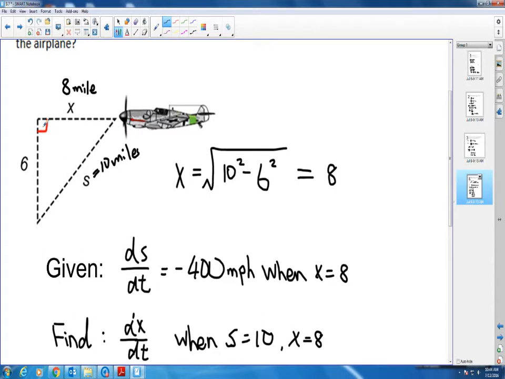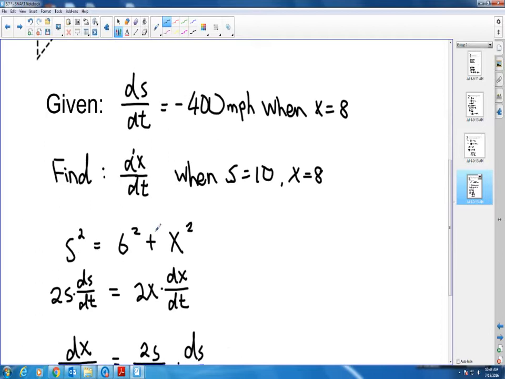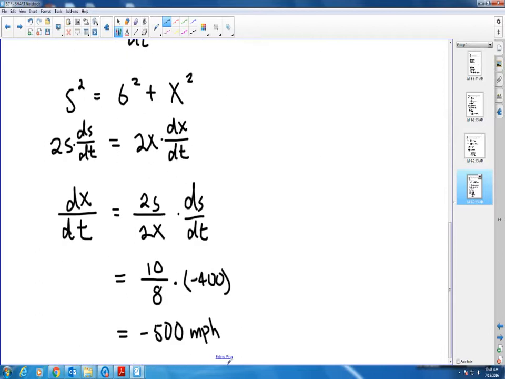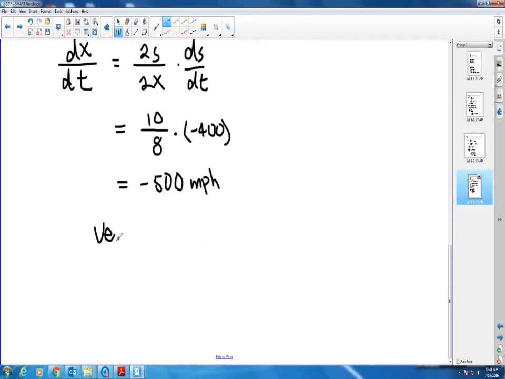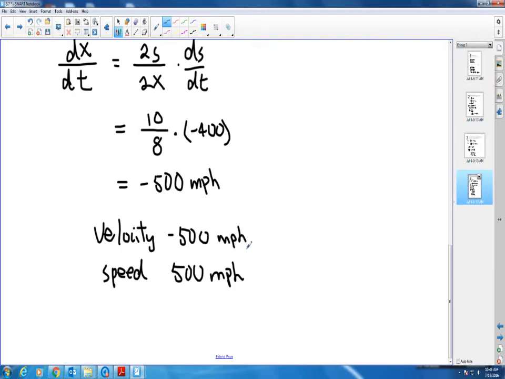So the velocity is negative 500. Therefore the speed has to be 500. My actual speed traveling towards the antenna is 500 miles per hour. Alright, real interesting problem.